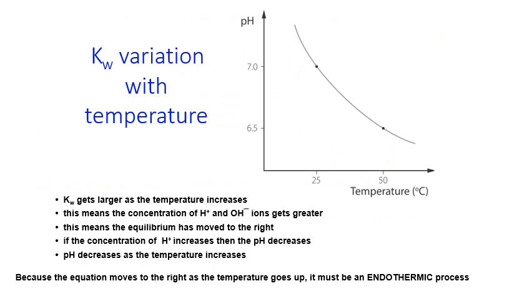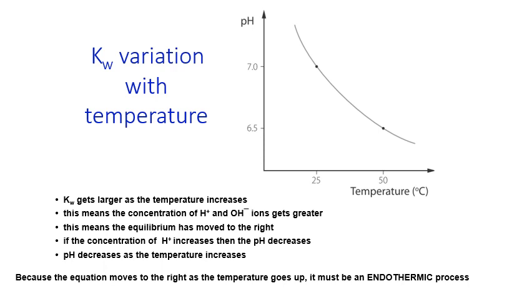So as discussed, this Kw does change with temperature. Kw, this dissociation of water, gets larger as temperature increases. That means the concentrations of protons and hydroxides get greater, and that means that the equilibrium actually moves to the right. So if the concentration of protons increases, then pH decreases.